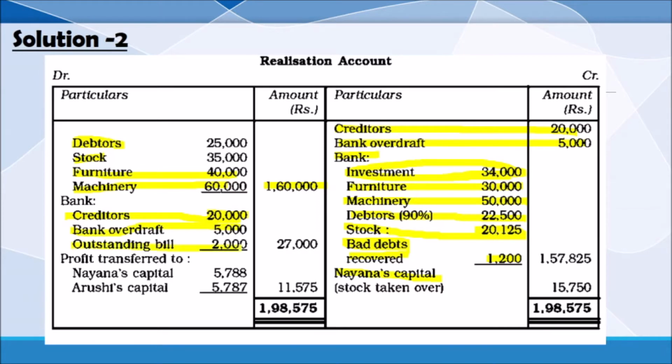Bank overdraft is realized, creditors amount realized. We are finding the total of two sides, and the difference will come in the debit side. That means profit. It will be shared in equal ratio. Nothing is mentioned regarding the ratio of sharing profit between these two, so that is why it will be shared equally.